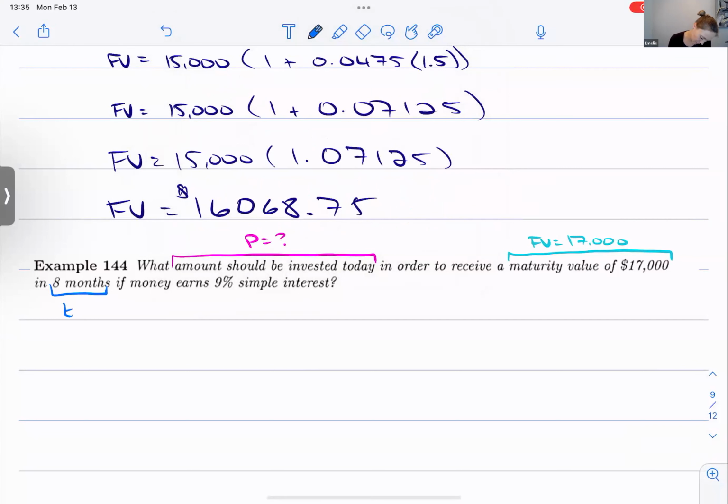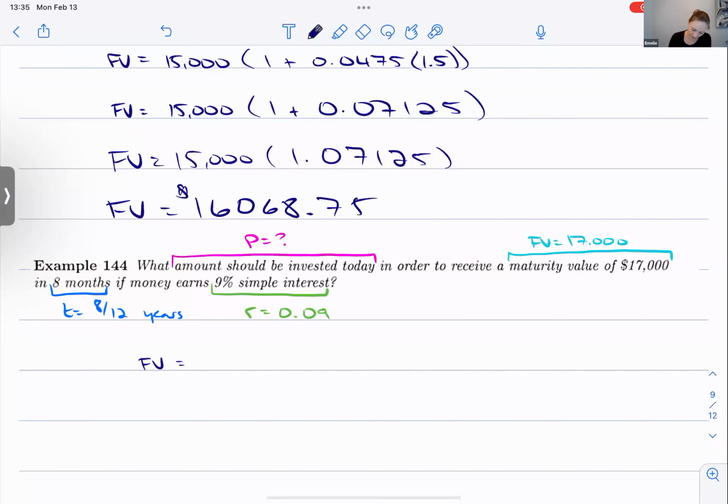in 8 months. So T is 8 months, so 8 over 12 years. If money earns 9% simple interest, so R is 0.09.